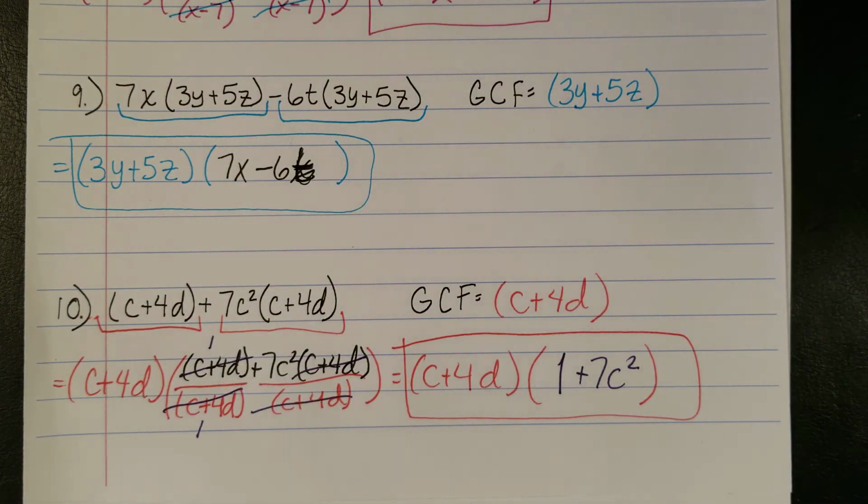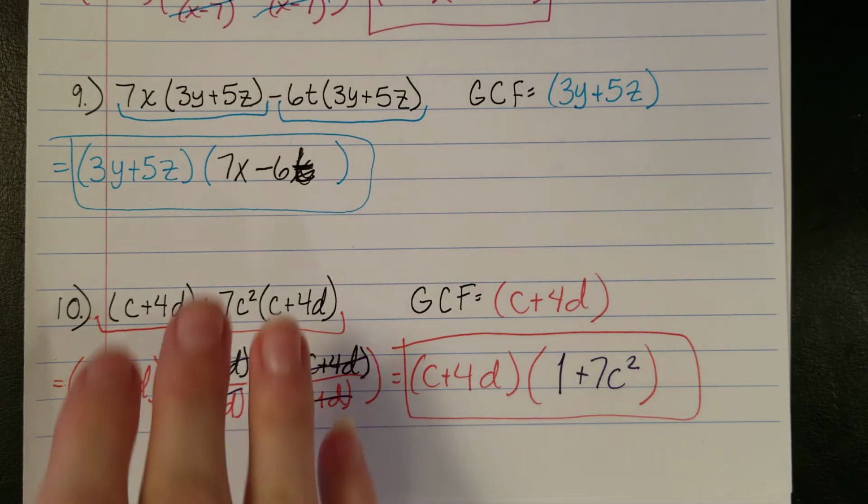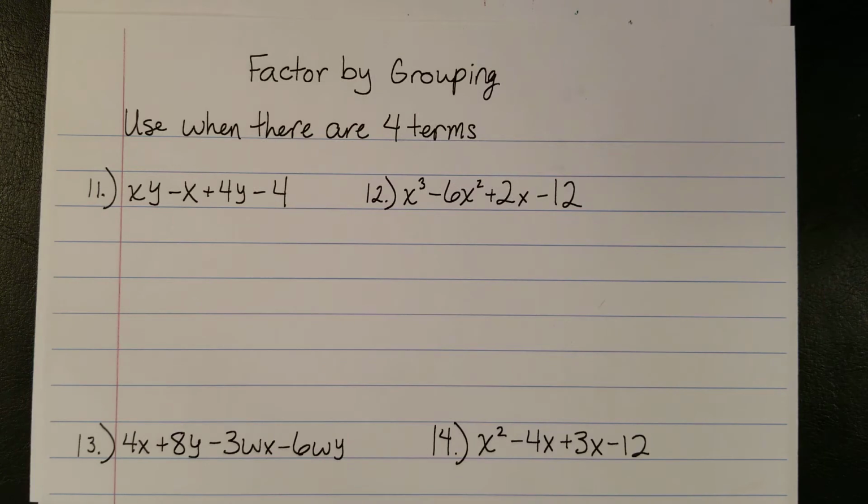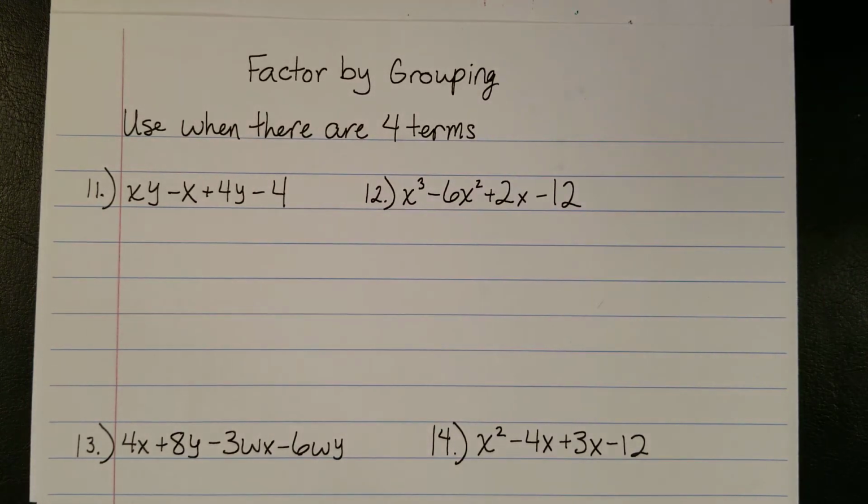All right. So that leads us to factoring by grouping. All right, so this is a method for factoring that we use whenever we see 4 terms, okay?